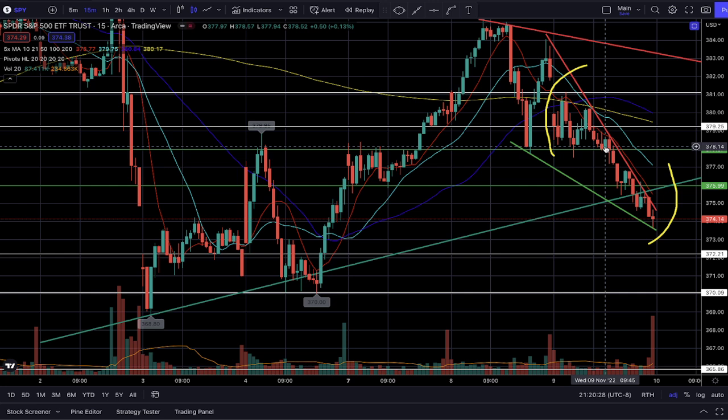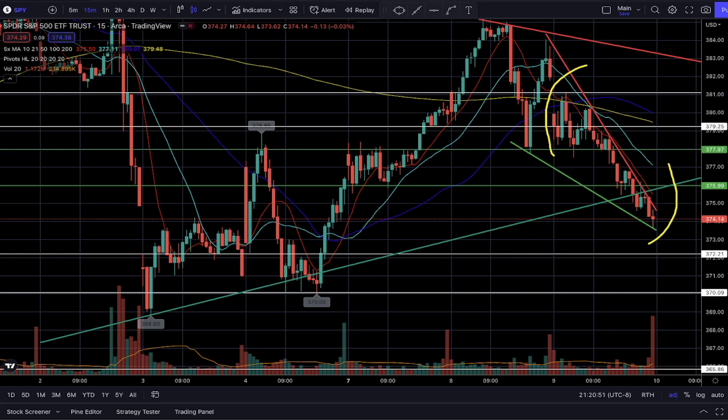And guess what? A descending triangle is inherently bearish. For all the people who don't know what a descending triangle chart pattern is, that will mean that the price will most likely break to the downside. And that's exactly what we were betting on, that the price will most likely break below 378.